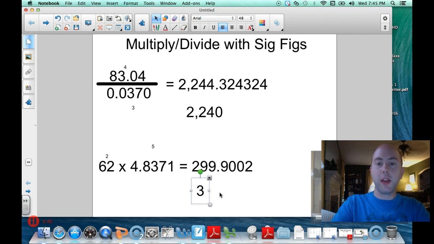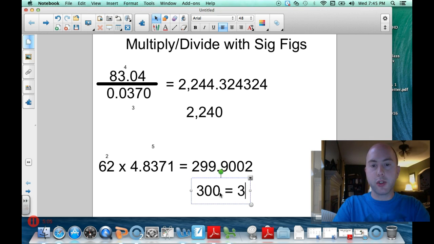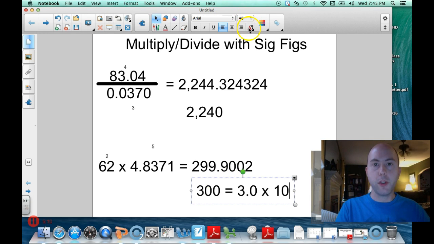So, how do you make 300 into 2 sig figs? Well, if you saw that flipping physics video, you should know you need to change this to scientific notation. So, 300 equals 3.0 times 10 to the 2. Because the decimal was right here, and you moved it 1, 2 places, that's where that 2 comes from.